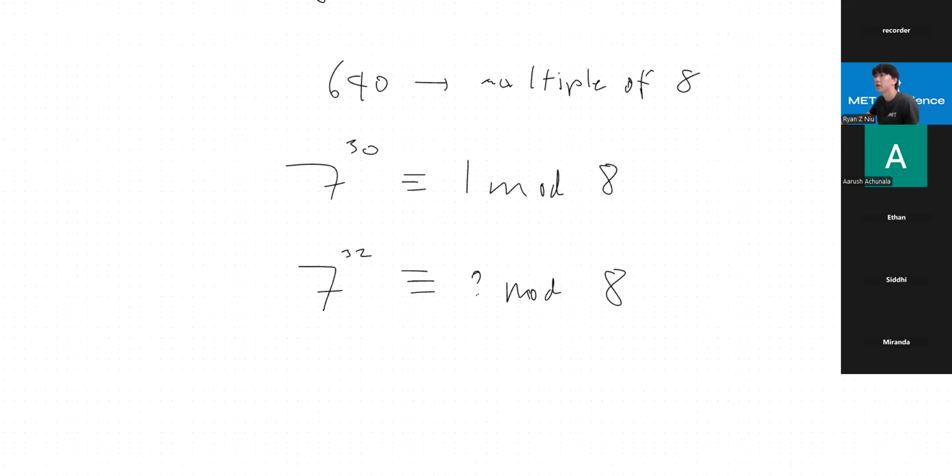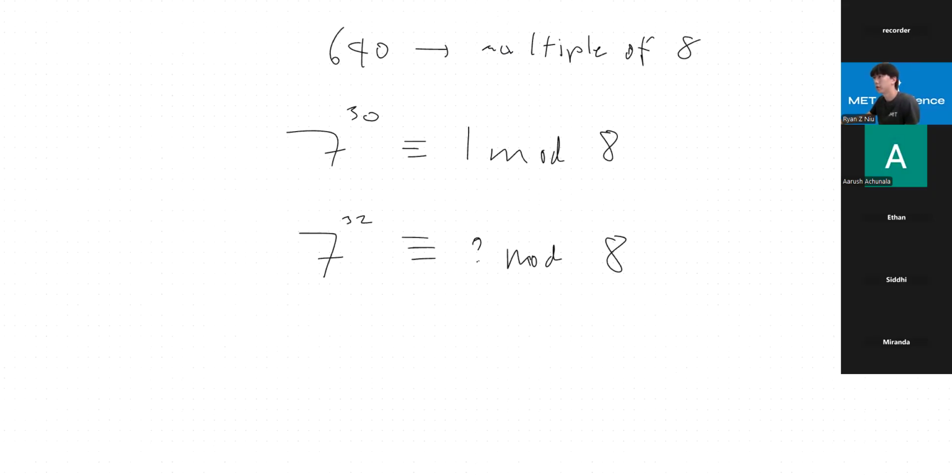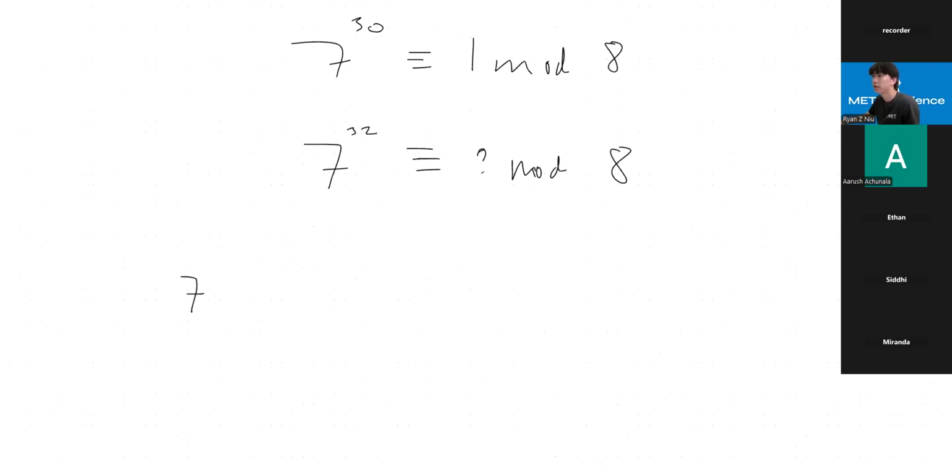And so there are actually a lot of different ways you could go about doing this, right? The first way would be, okay, we have 7 to the 30 right now. We want to get to 7 to the 32. So an idea could be we take 7 to the 30, 1 mod 8, and we can multiply by 7.